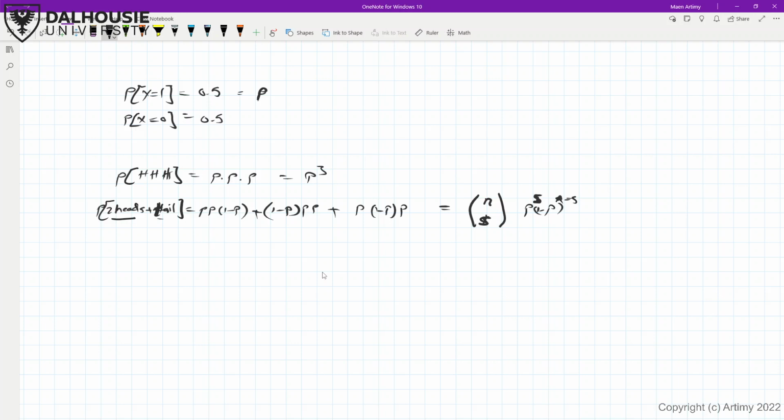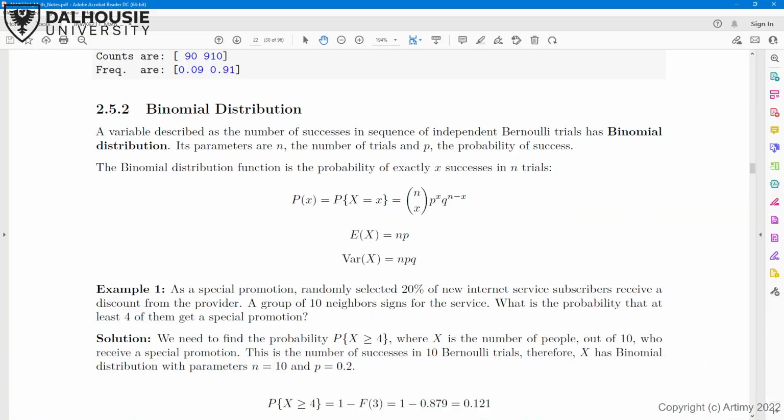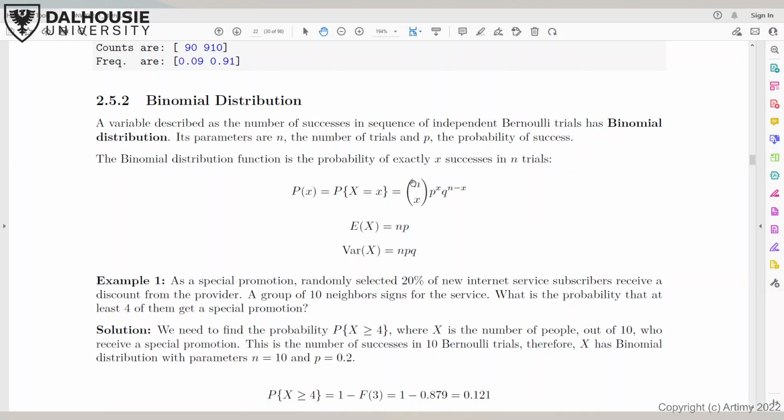And s represents the number of successes. We can also use x as the number of successes. So the general formula is this one here, where n is the number of trials, and x is the number of successes that we're looking for, how many times we see the success.